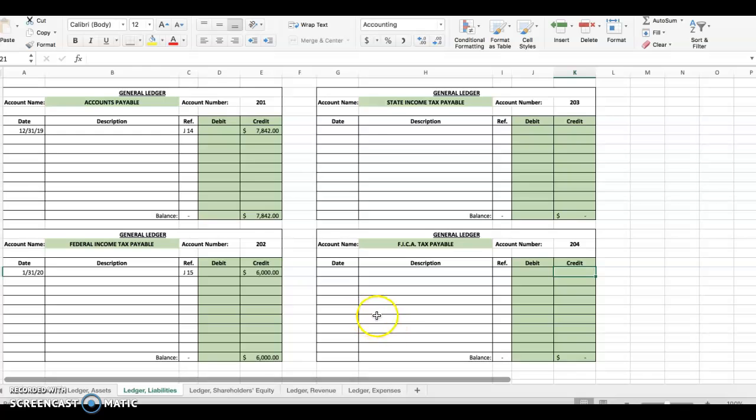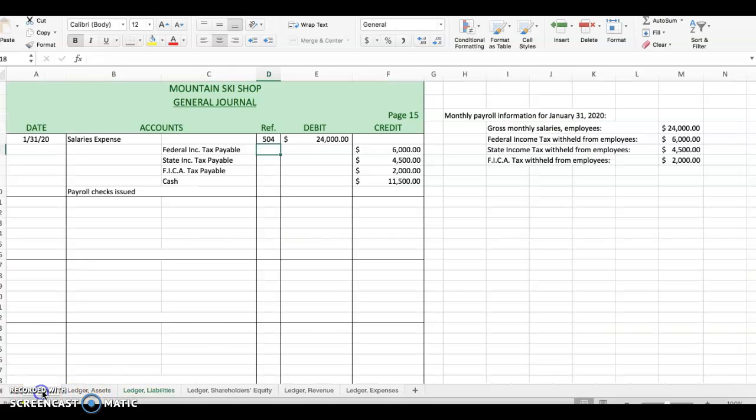These become liabilities, just like this is a liability in accounts payable. We owe it, and we will not be paying it immediately. Typically, these kinds of liabilities for the payroll taxes are paid quarterly, which means every 3 months. So we owe now $6,000 for federal income tax payable, and the account number is 202.